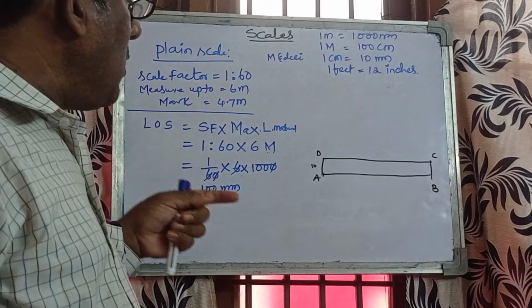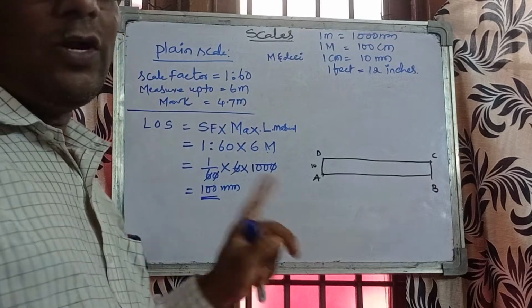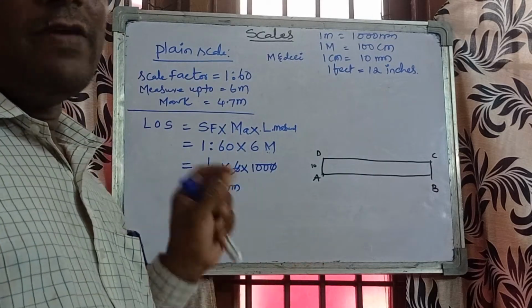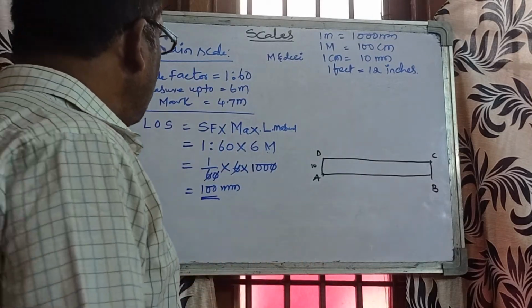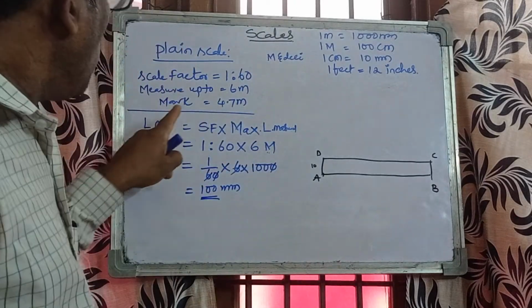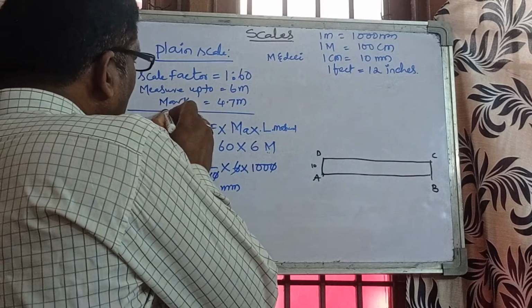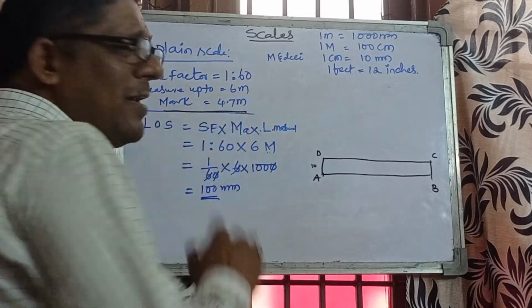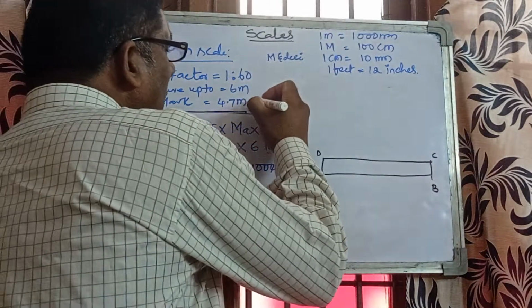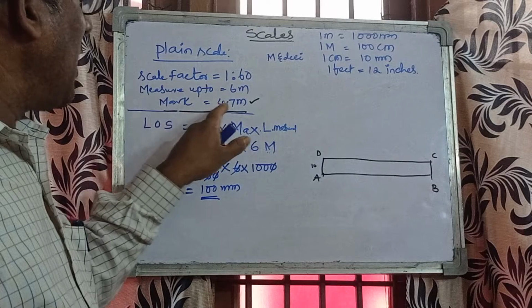After completion of this, you must decide into how many parts you have to divide the scale. It is very important. Before dividing the scale, first you check what we need. We must mark 4.7 meters on the scale.